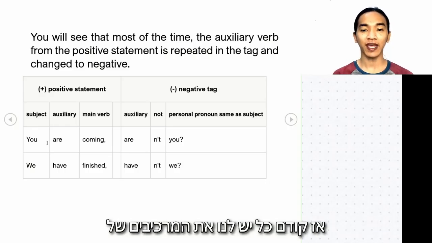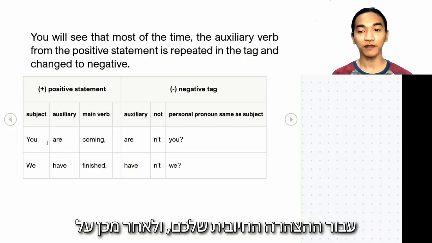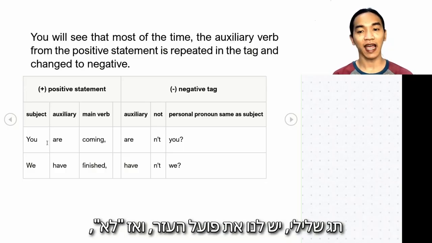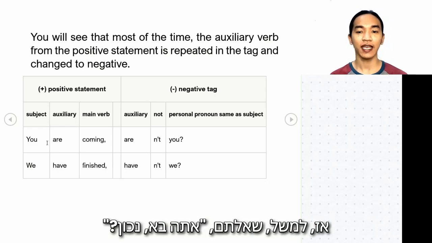So first, we have the components of our tag questions, which are subject, auxiliary verb, and your main verb for your positive statement, and then on the negative tag, we have the auxiliary verb, then not, and then your personal pronoun, same as the subject. Okay? So, for example, you asked, "You are coming, aren't you?"